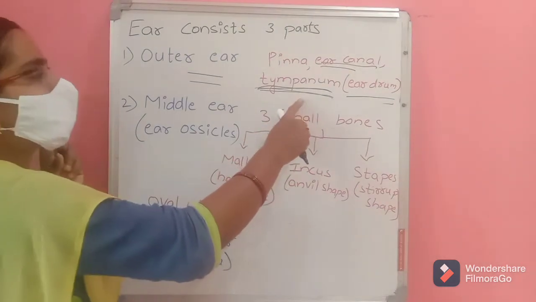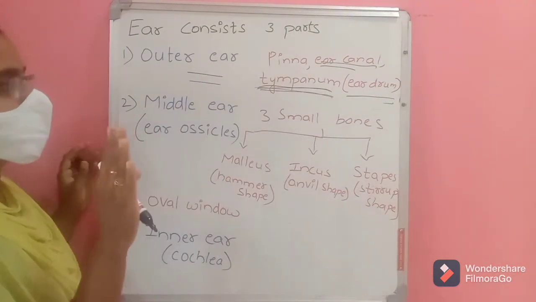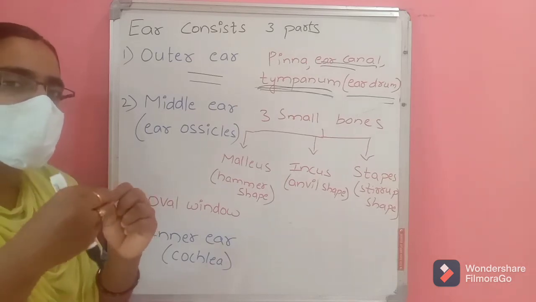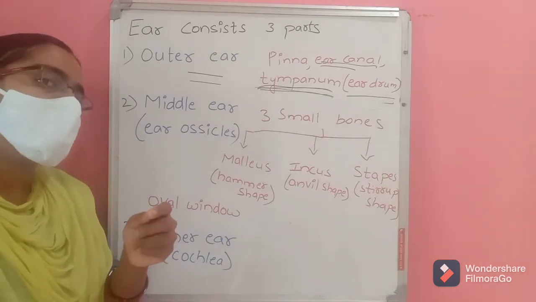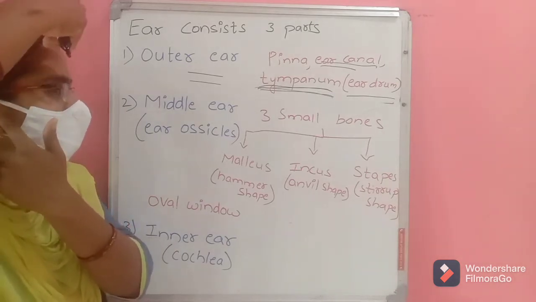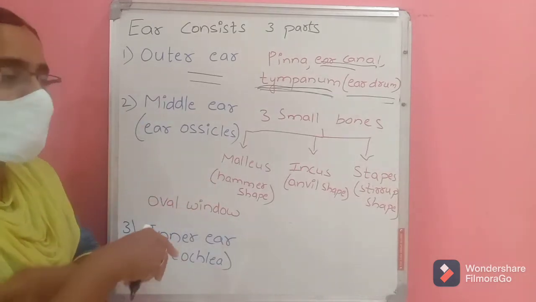When the tympanum vibrates, it gets vibration from one side and produces sound on the other side.